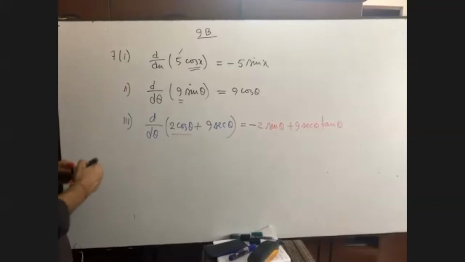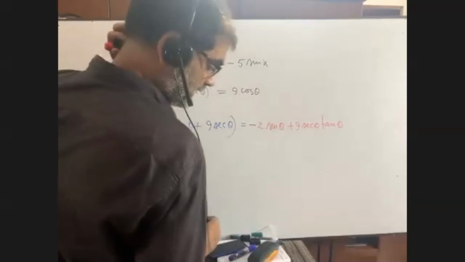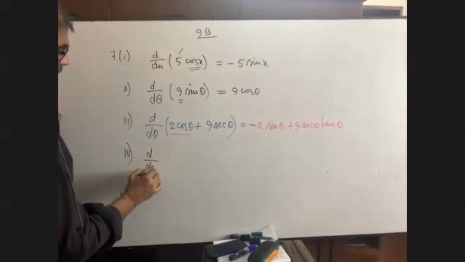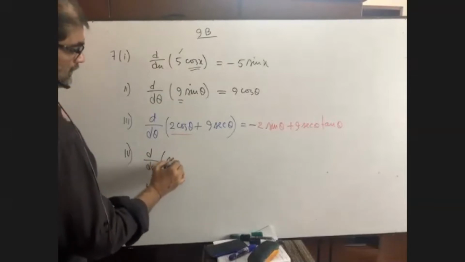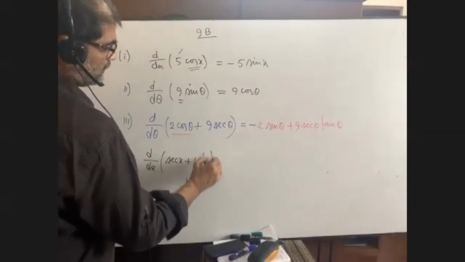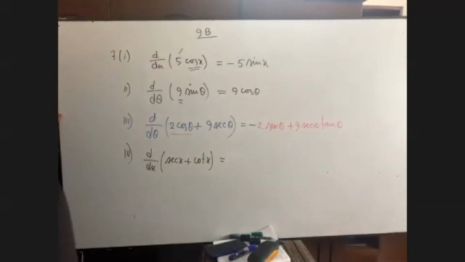Now question number 4. d by dx of sec x plus cot x. Let me know. Sec x, what is the formula?